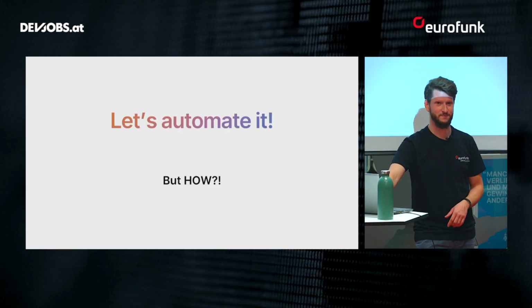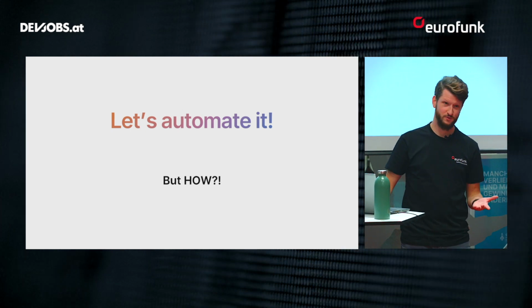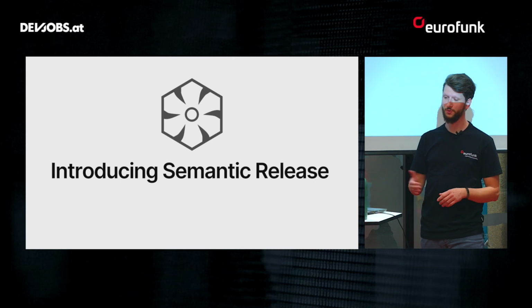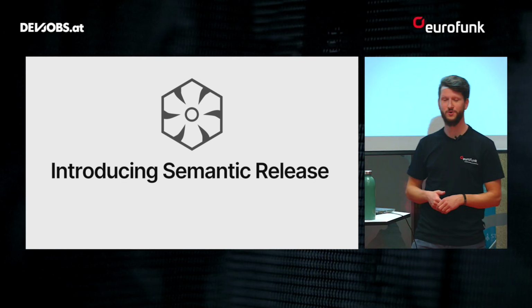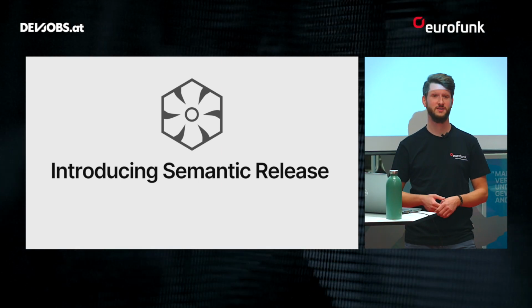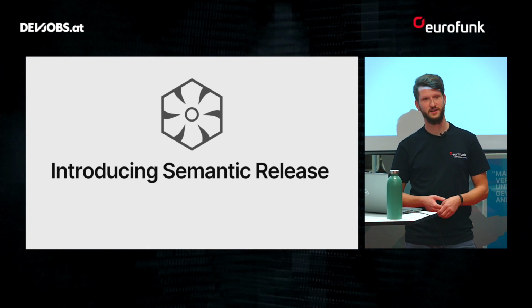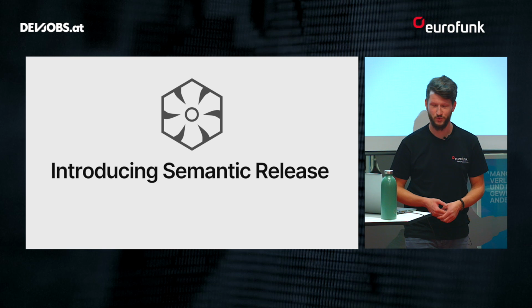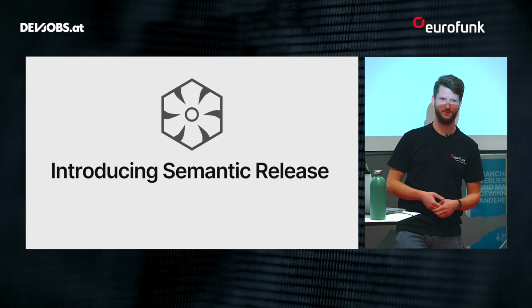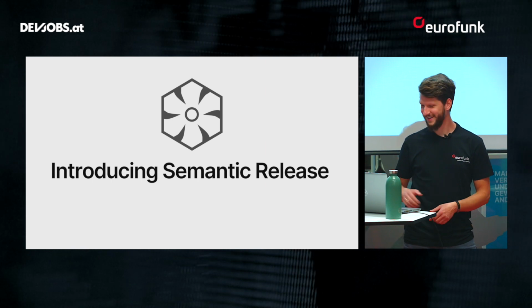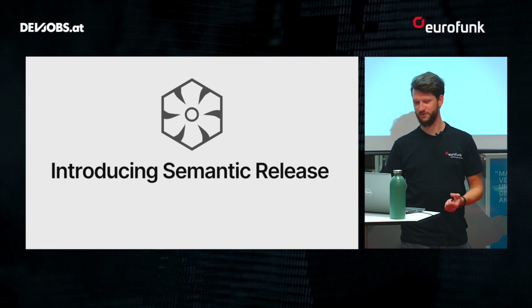But how? Well, I want to introduce you to our tool that solved this question more or less for us, which is Semantic Release. A small node package that you can add to your project, no matter which project. You just have to live with the fact that you add a bit of Node.js. But what does it do?